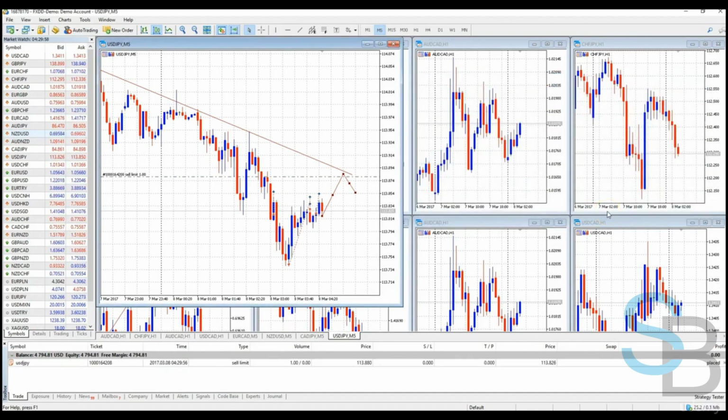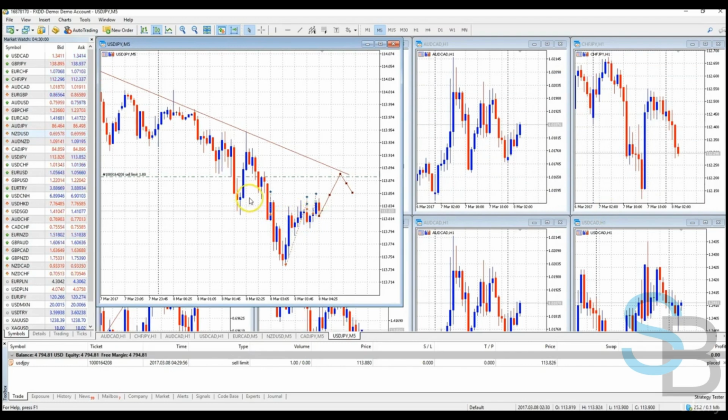Now you can always tell if you're putting in the correct pending order, because say for example this is what you were anticipating and this is what your intentions were. Just go ahead and delete that.